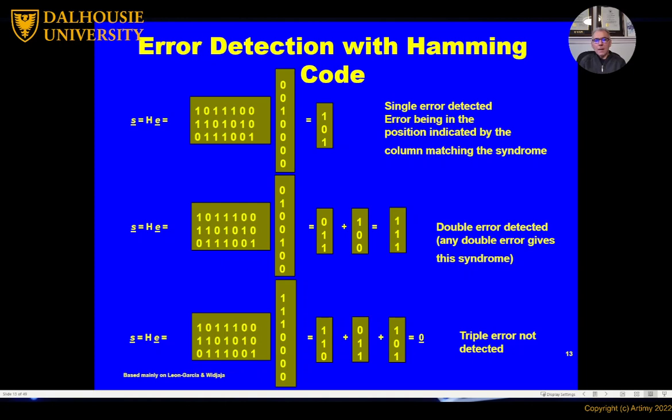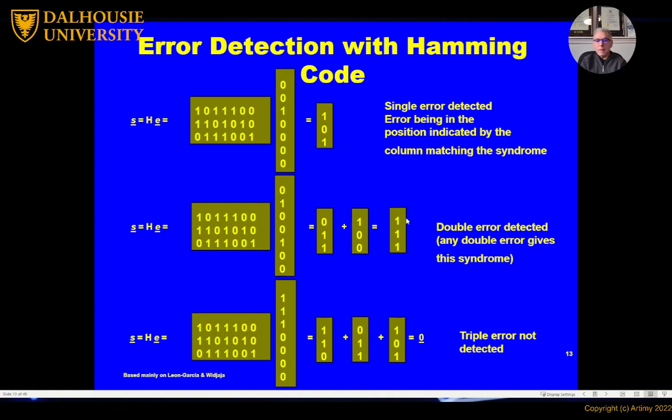Now, the system is not foolproof. The system has problems. One problem is it cannot correct more than one error. It can correct only one error, but if there are two errors, it can detect them, but it cannot correct them. Okay, so here in the middle is an example where we have 0, 1, 0, 0, 1, 0. This means that I have an error in the second position and also in the fifth position.